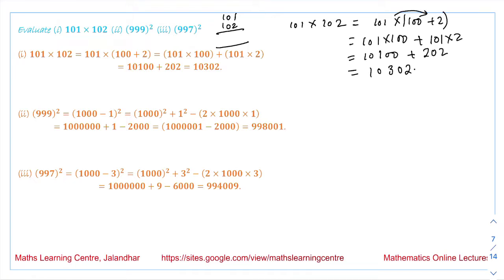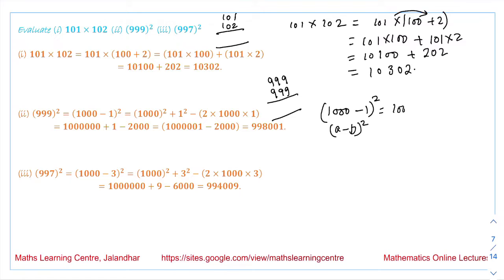Now next is 999 square. One procedure is you write 999, 999 and you multiply both these terms. In place of this, we are writing 999 as 1000 minus 1 whole square, and we are using the formula a minus b whole square.